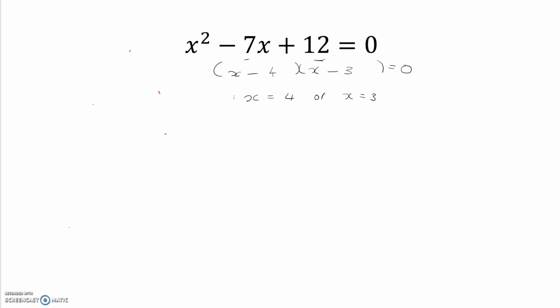Now, if you couldn't spot the factorization, and I understand that a lot of you can't, then what you need to do is straight away go, look, I haven't got time for this, I just need to use the formula. So you need to get right into it. To do that, you need to identify that a is equal to 1, b is equal to negative 7, c is equal to 12, and then put them into the formula.